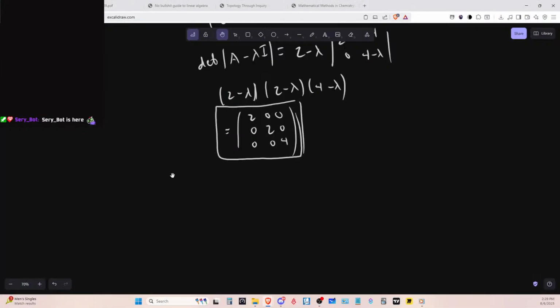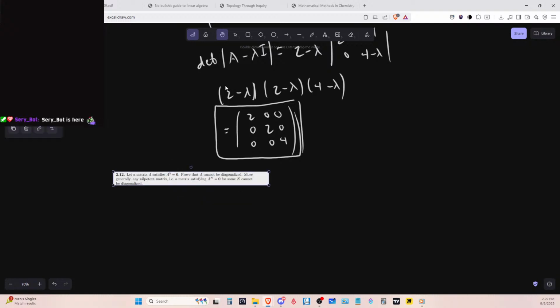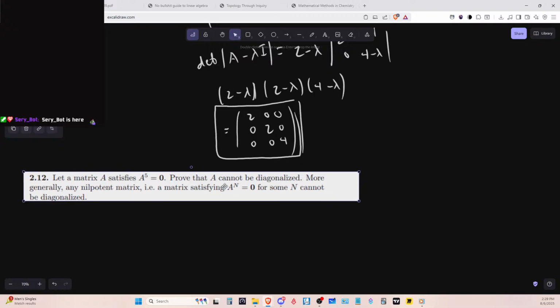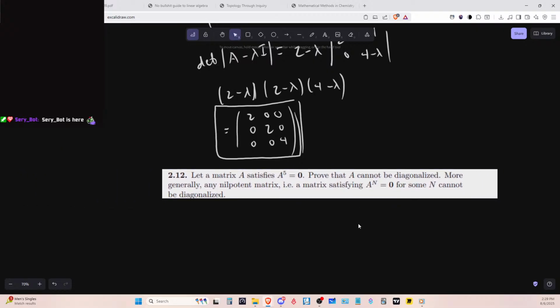Let me move this over here. Okay, so let matrix A satisfy A to the 5th power equals 0. Prove that A cannot be diagonalized.